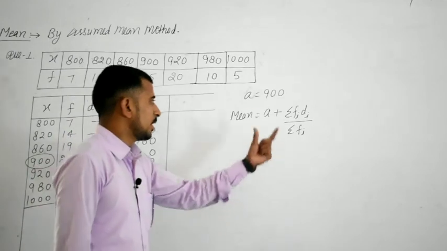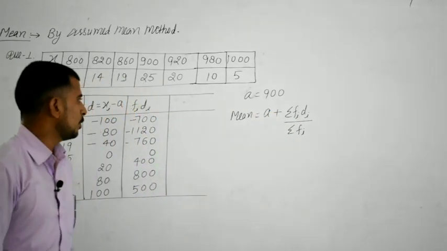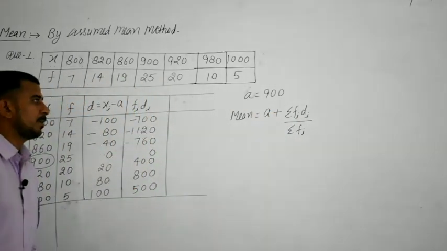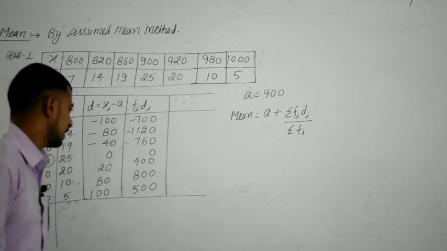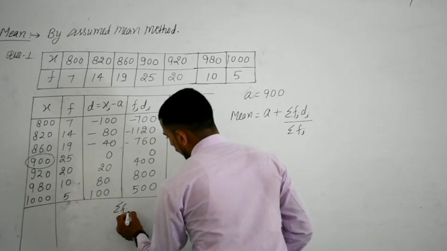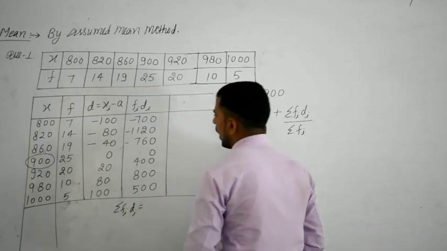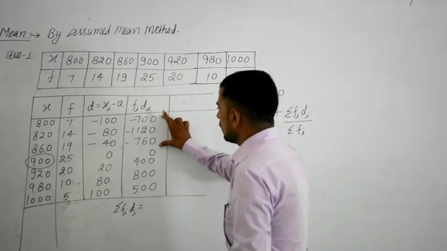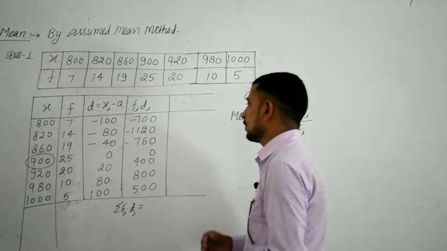Now we want the sum of all values of fi di. Summation fi di is equal to... here some values are negative and some values are positive.